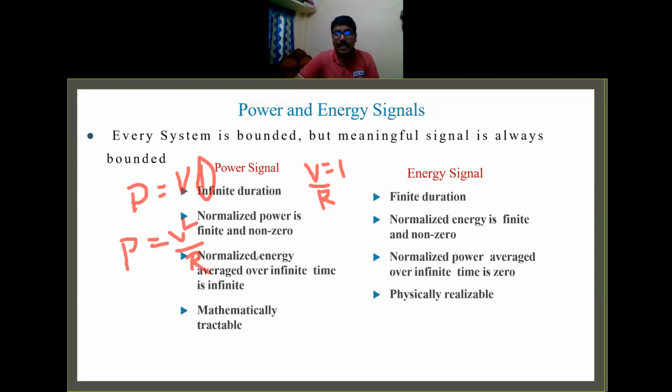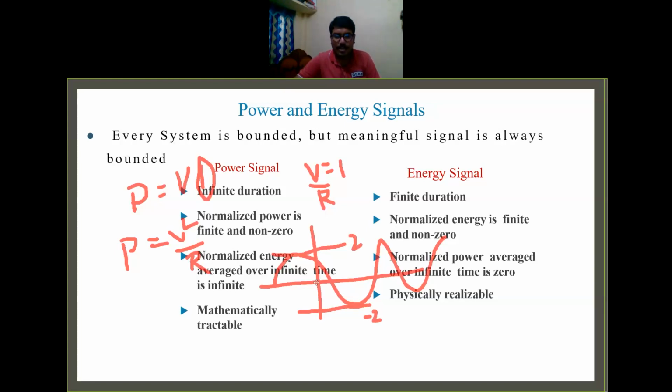So there are power and energy signals. I already explained what power is and how to calculate the power of a signal. Look carefully at this beautiful waveform and its peak to peak voltage. This is called peak to peak. This is 2 and here minus 2, for example.